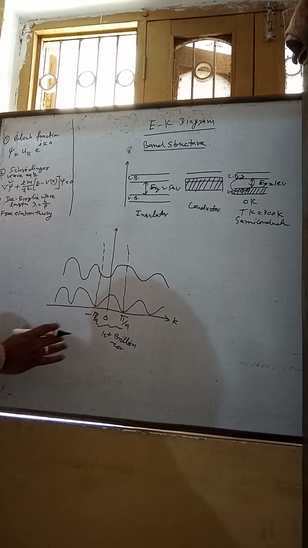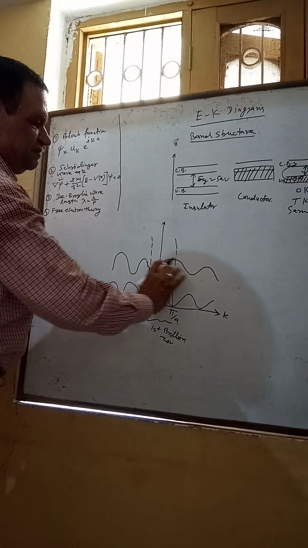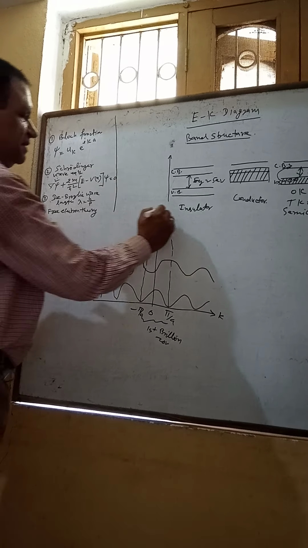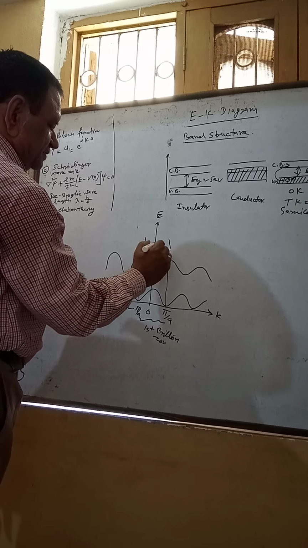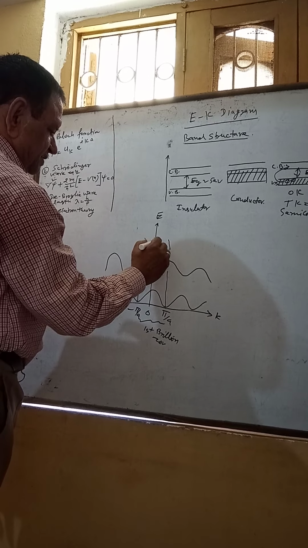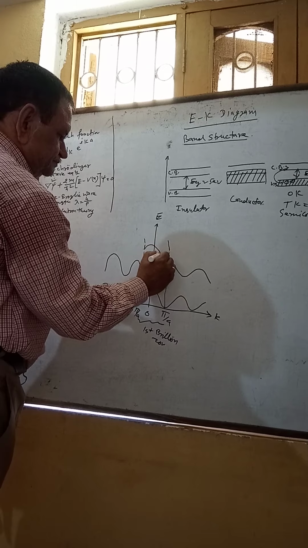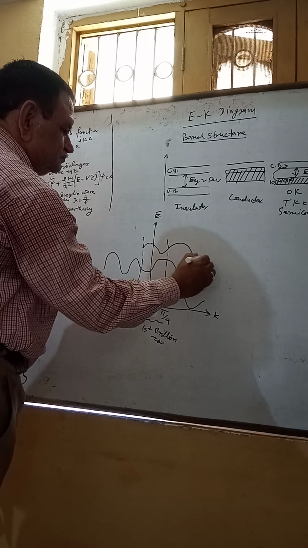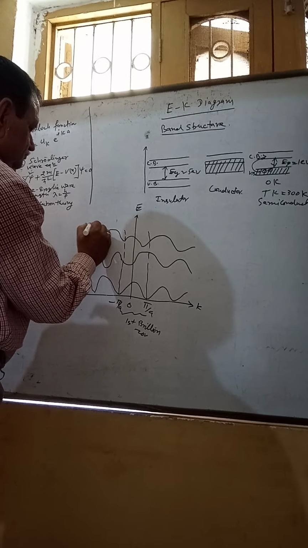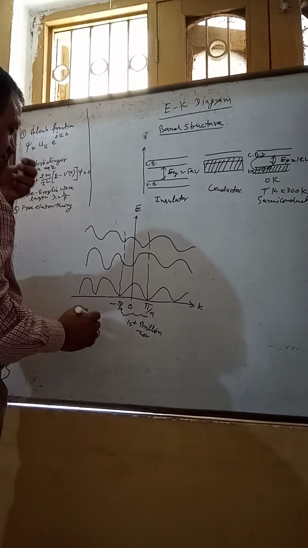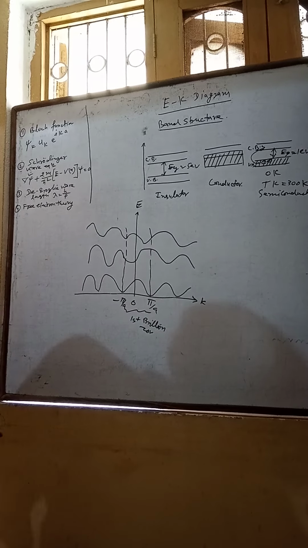If we know all about this first Brillouin zone, then we will know all about the E and K. Another graph will be plotted as this. This is your EK diagram.